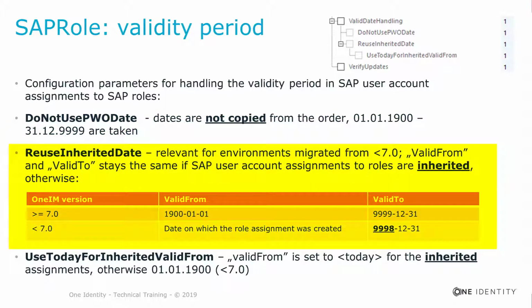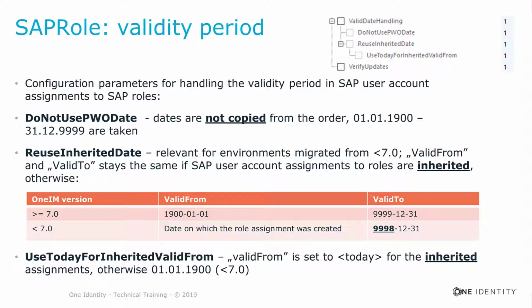If the reuse inherited date configuration parameter has been set, the validities will start from the assignment of the order in the IT shop. This is particularly relevant if you are migrating from a version prior to version 7, where the handling of the validity from and validity to dates was different in One Identity Manager than it is now. This will affect the number of assigned roles in an SAP environment, because unlike other target systems, in SAP a user account can be assigned to the same profile or role more than once.